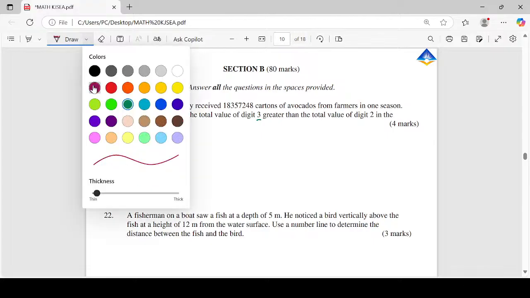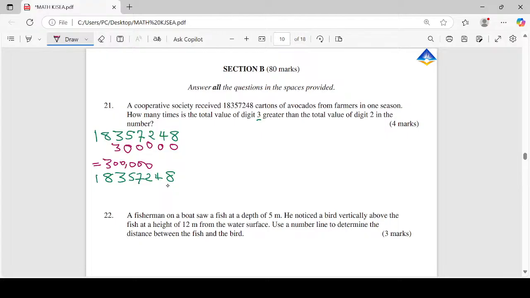I'm going to repeat the same: zero, zero, where is my 2? My 2 is here, so I put it here. So I'm getting 200.